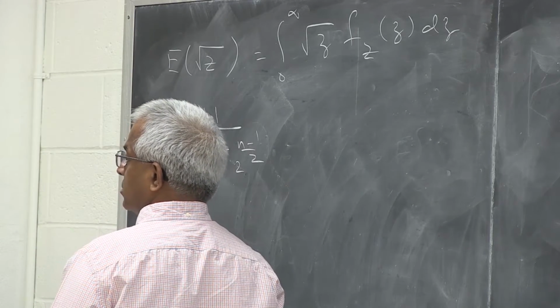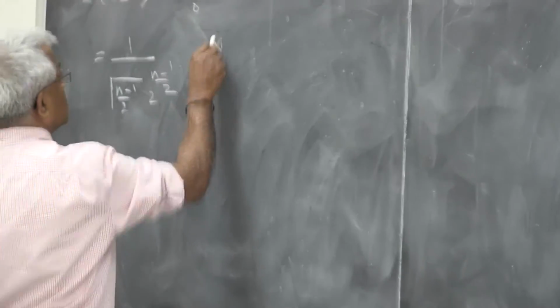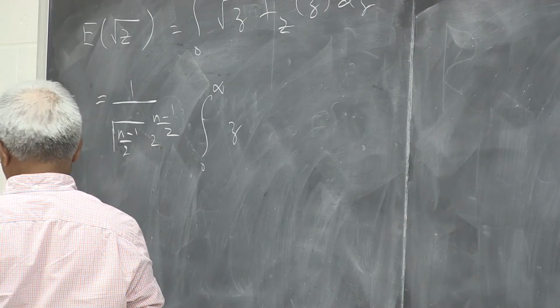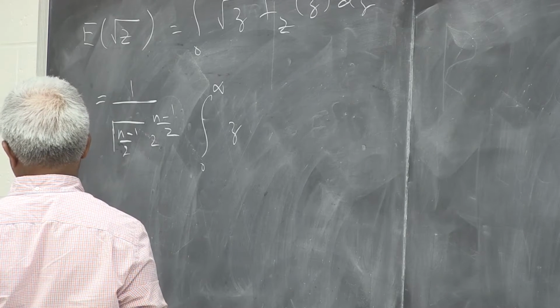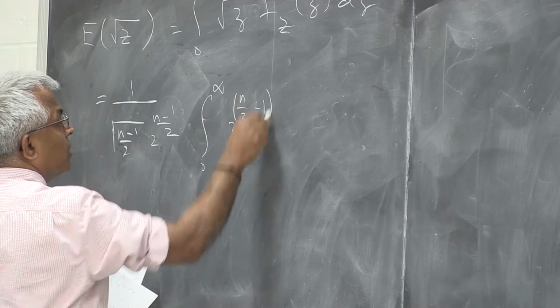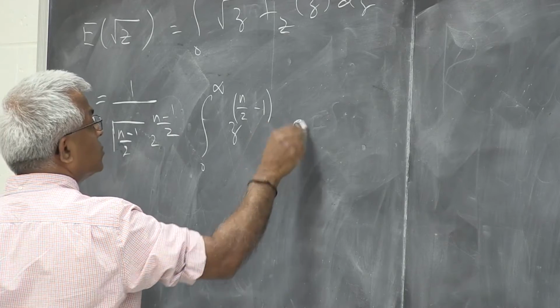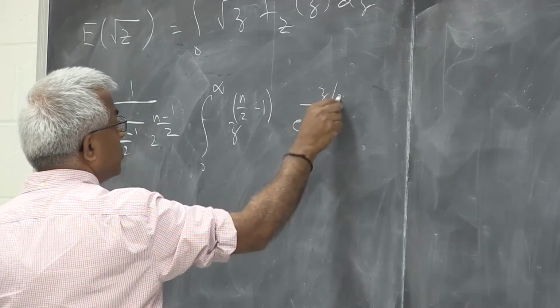Notice that this z multiplies the minus 1 and the minus half will go away, so this becomes the integral from 0 to infinity of z to the power n by 2 minus 1, and e raised to minus z by 2 dz.